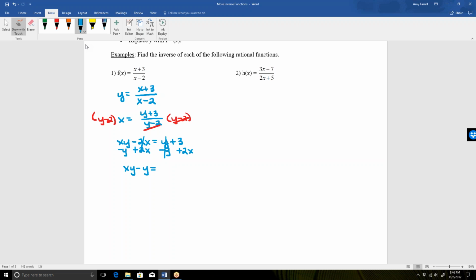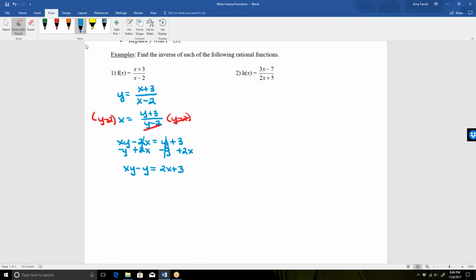Now, xy minus y, I can't actually subtract those. I'll explain in a second what we're going to do with those. And 3 plus 2x, they're not like terms. I might just call it 2x plus 3, same thing, but 3 plus 2x is also okay.